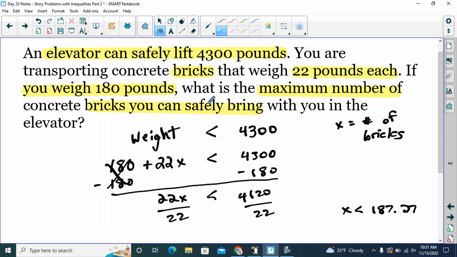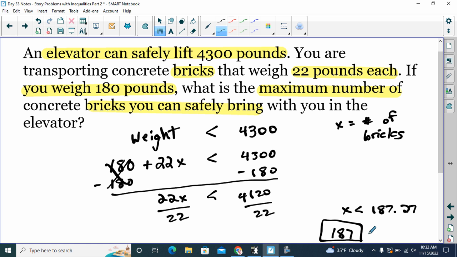We want to know what is the maximum number of concrete bricks you can safely bring. It says it can safely lift 4,300 pounds. We have X has to be smaller than 187. The first integer that is smaller than 187.27 is 187. So 187 is the most number of bricks you can bring to stay under that safety limit of 4,300 pounds.